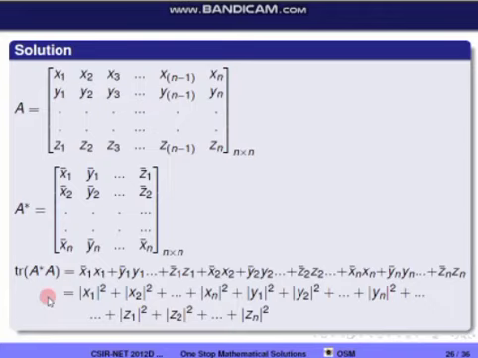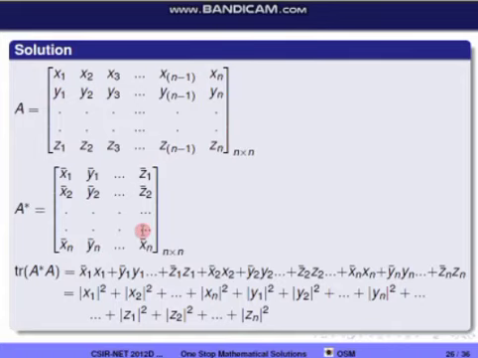The element a11 in A star A is obtained by multiplying the first row of A star by the first column of A, and a22 means the second row of A star with the second column of A. ann means the nth row of A star with the nth column of A.